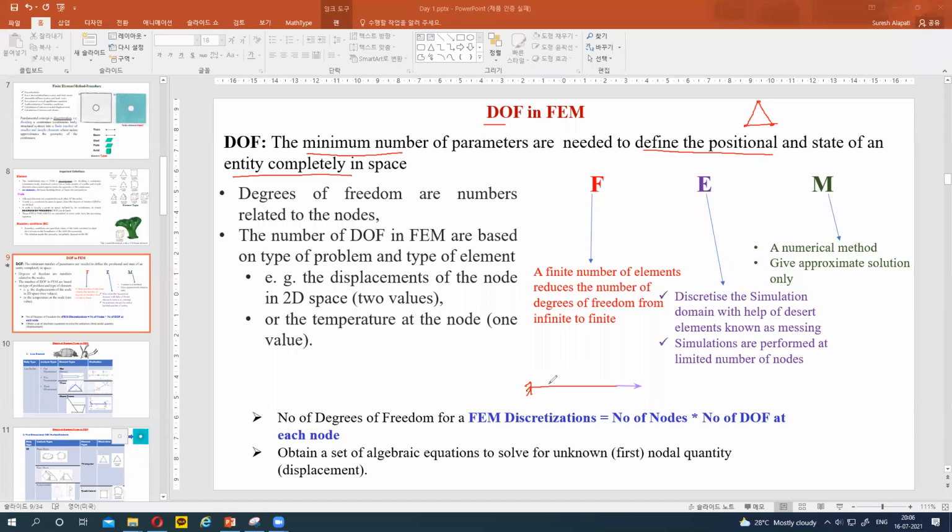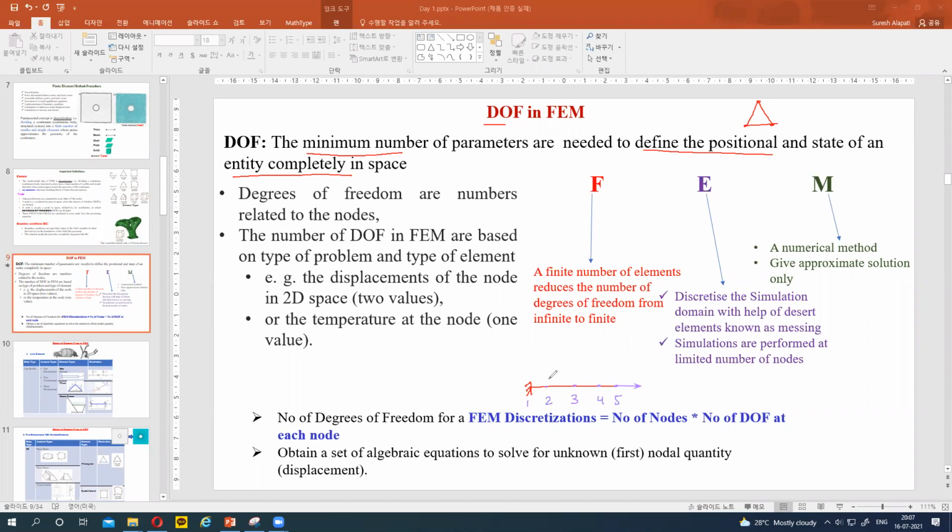I can consider a single node, or two nodes, or three nodes, depending on the problem and your choice. By experience you will know. Suppose here, how many nodes? One node, two, three, four, and five. So this is the problem I'm going to solve.